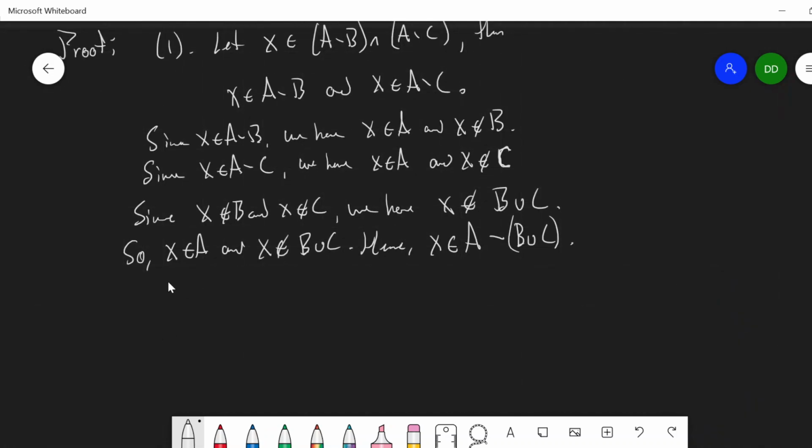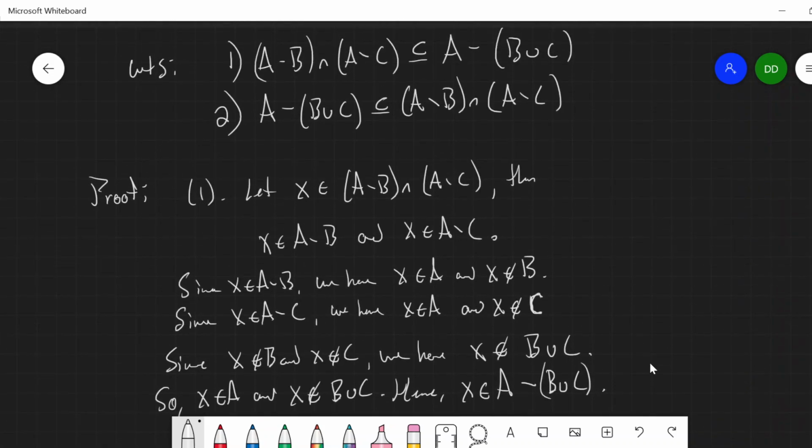We just showed that A minus B intersection with A minus C is a subset of A minus B union C. So that's what we've shown, a subset inclusion there.